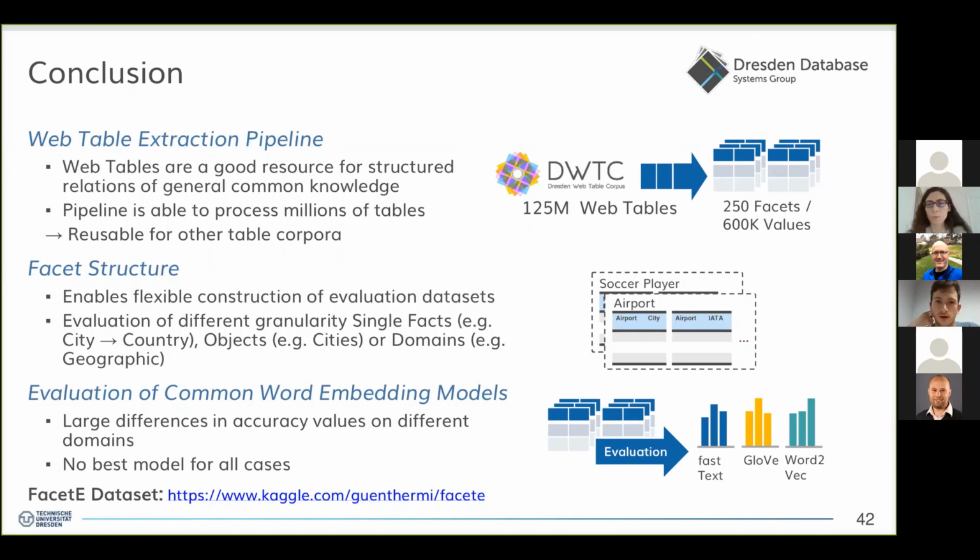Yes, so the real manual work was to define these keywords for the categories and also these blacklists. Because we don't have a good automatic way to determine which are such too generic facets. Otherwise, most of it is run automatically.